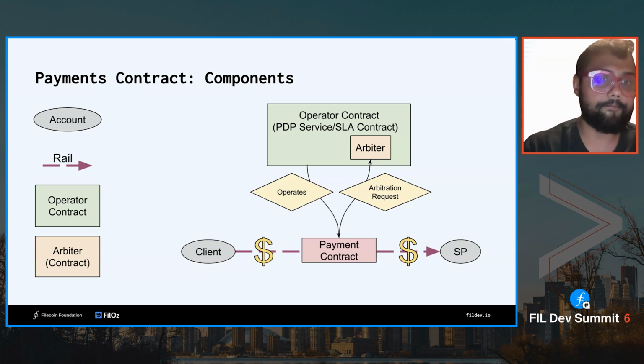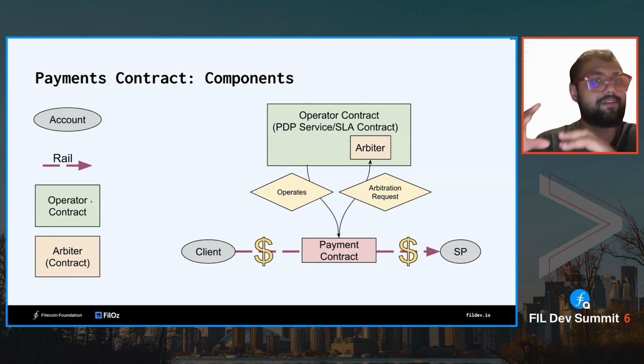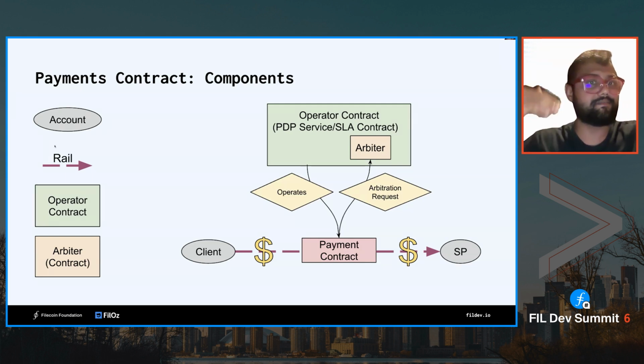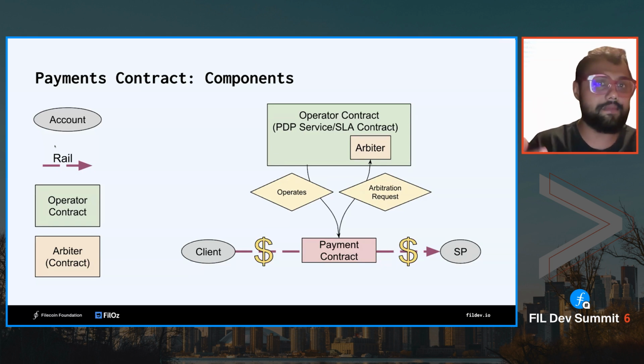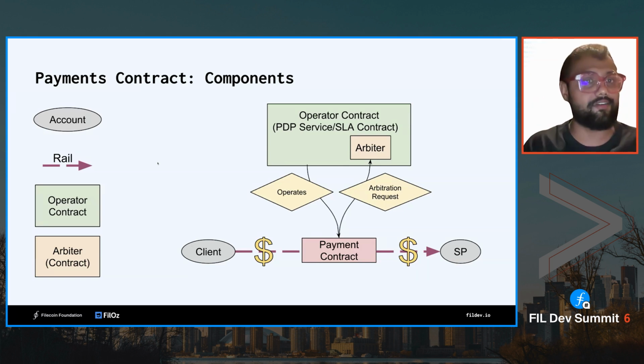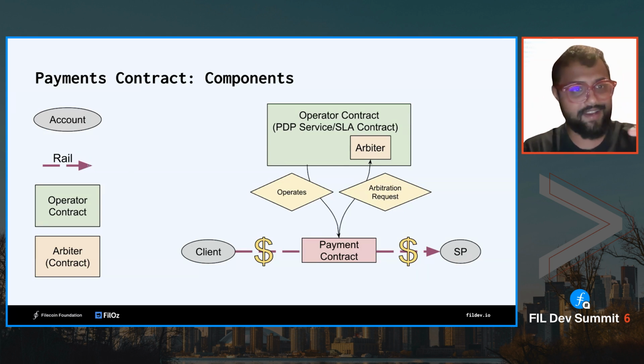Okay. There is the operator contract. Operator is basically the same as the PDP service slash SLA contract that I was talking about. It is the operator contract that creates these rails, and sets the payment terms: how much lockup is needed, how many epochs the lockup is going to be for, and how much fixed payment is going to happen, and what the per epoch rate of this payment channel slash rail is.